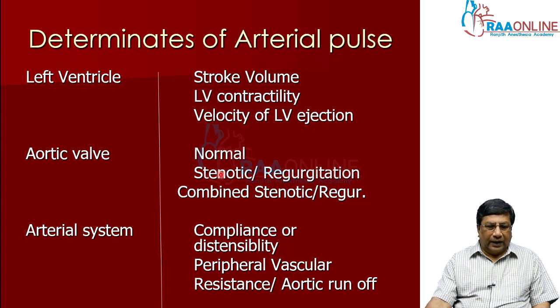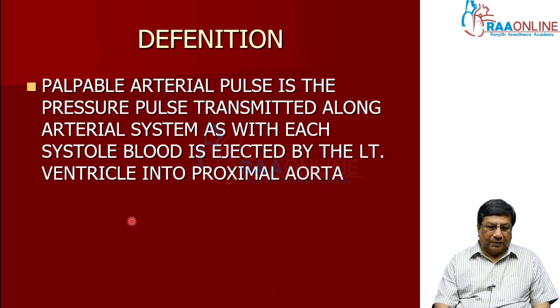Then the integrity of the aortic valve, whether stenosis or regurgitation, also decides the arterial pulse. And the arterial system's compliance and distensibility, and peripheral vascular occlusion or resistance, also decide the arterial pulse. So, the three important determinants of arterial pulse are the left ventricle, aortic valve and arterial system.